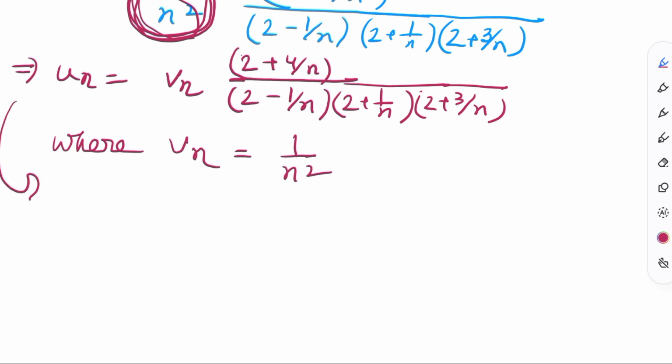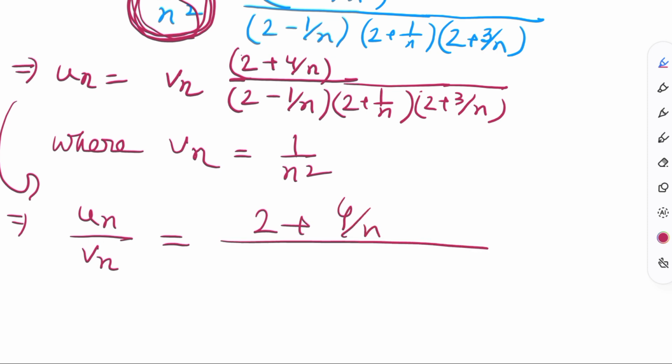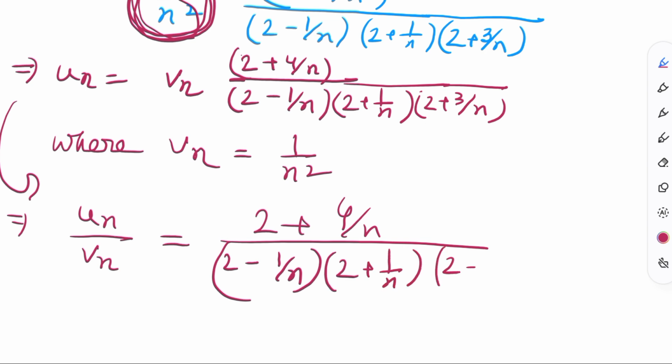And from these we can write un by vn equal to (2 plus 4 by n) by (2 minus 1 by n) into (2 plus 1 by n) into (2 plus 3 by n).